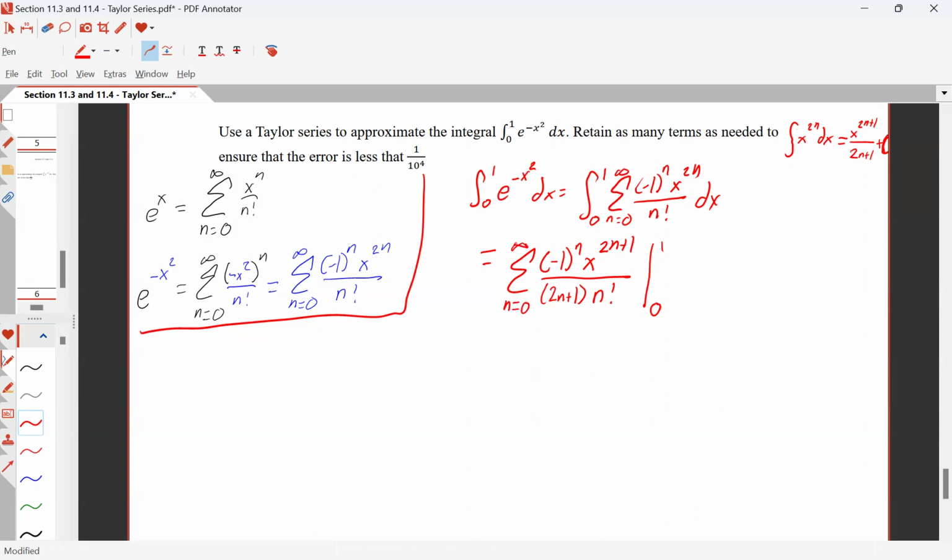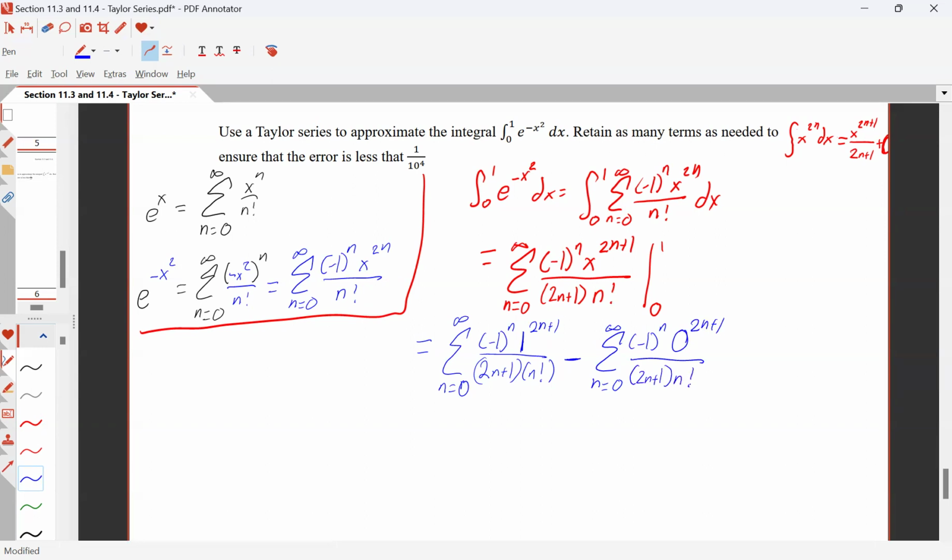We can use the fundamental theorem of calculus on this and plug in our lower bound and upper bound. So plugging in the upper bound, we get negative 1 to the n, 1 to the 2n plus 1 over 2n plus 1 times n factorial, minus, plugging in our lower bound, negative 1 to the n, 0 to the 2n plus 1, all over 2n plus 1 times n factorial.